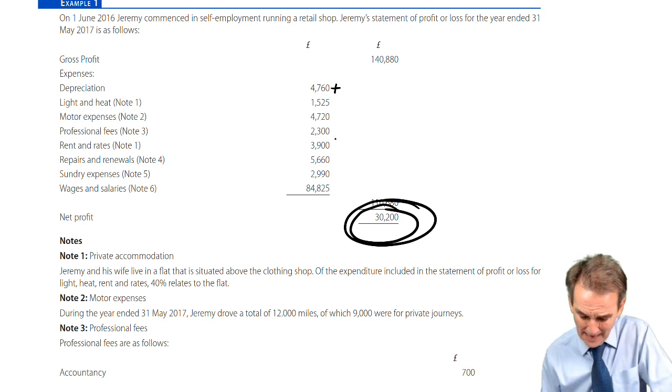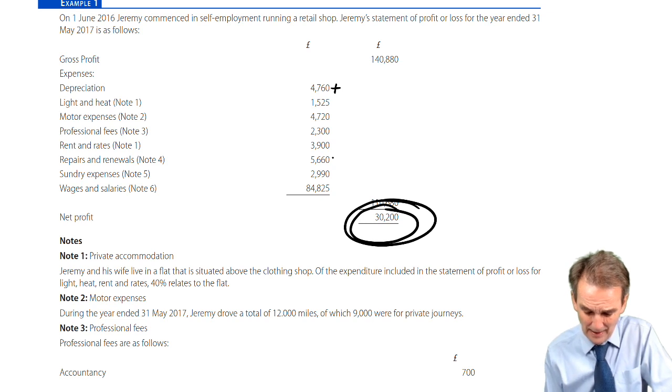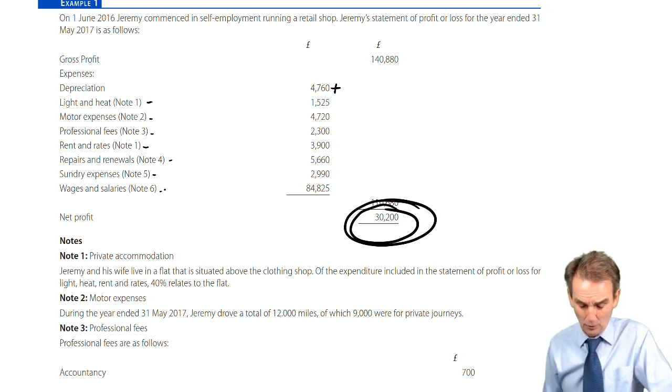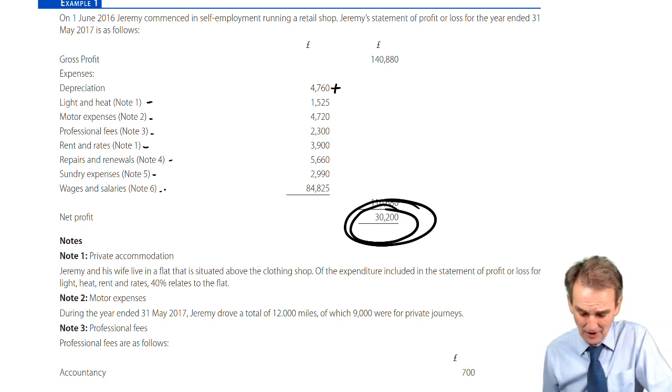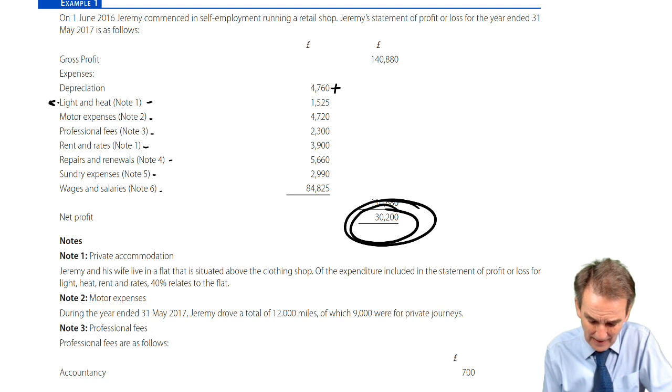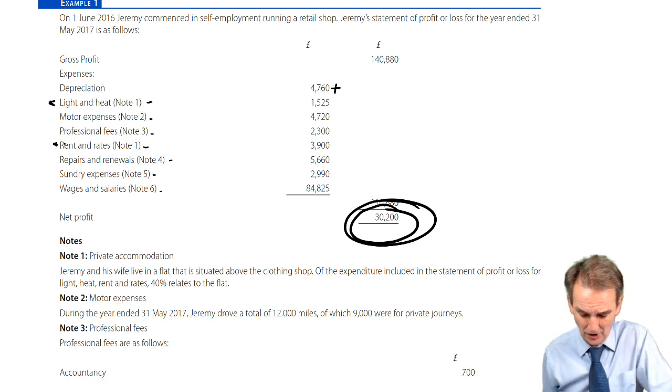Now, when we look at the remaining expense items, what we can see, of course, is that each of them has a note referred to them, and hence therefore we must now look at those notes. So light and heat, note 1 there, and also rent and rates is note 1. What does note 1 say? It's to do with the accommodation, private accommodation. Jeremy and his wife live in a flat that is situated above the clothing shop.